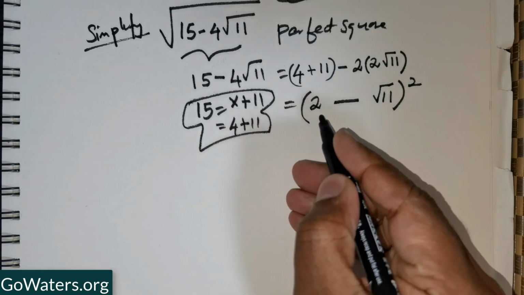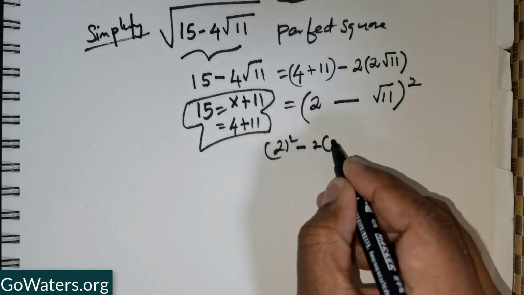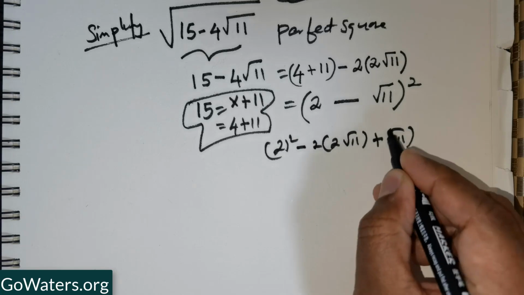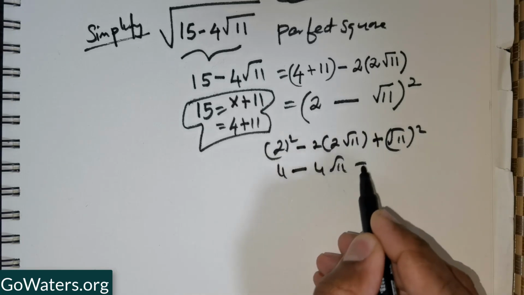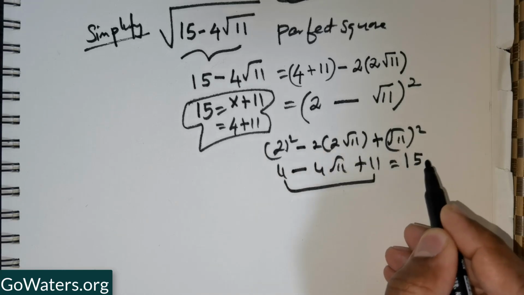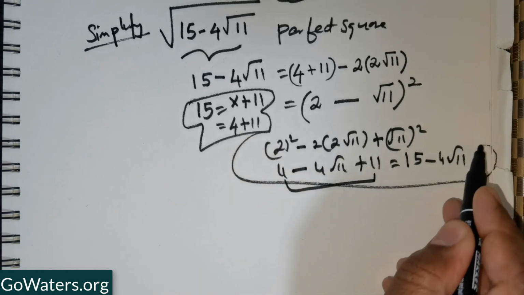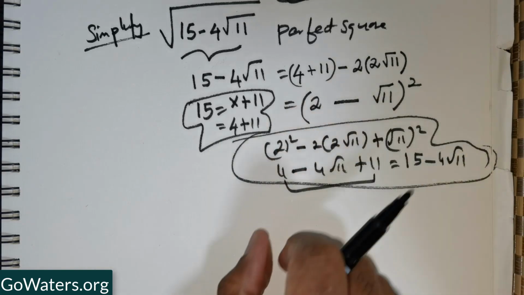If you expand this, it is going to be 2 squared, minus 2 times 2 times root of 11, plus root of 11 raised to the power of 2. This is going to be 4, this is going to be 4 times root 11, and this is going to be 11. So 4 added with 11 will give me 15, and clearly I got 4 times root 11. So you can see that the perfect square is already achieved. I hope you got that hint.